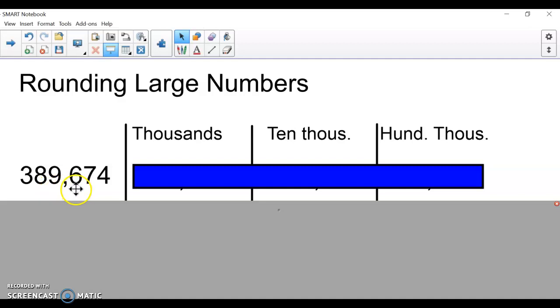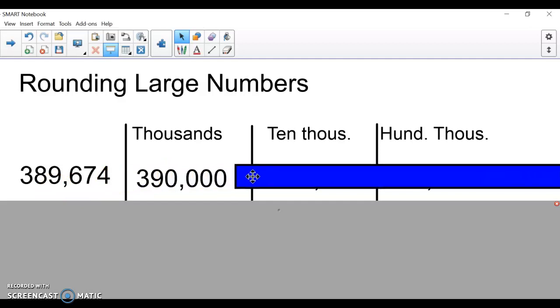And so we look next door in the hundreds. It's a 6. 5 or more, let it soar. So that 9 is going to go up. Well, you can't put a 10 here. Really, that's going to carry over to the next place value, the 10,000s. So 89,000 needs to become really 90. So my new number, when it's rounded, is 390,000.